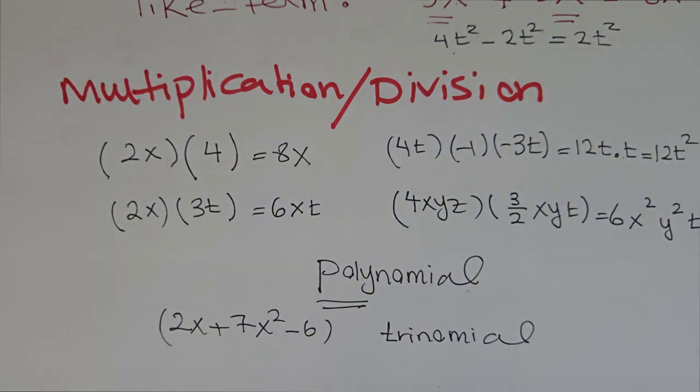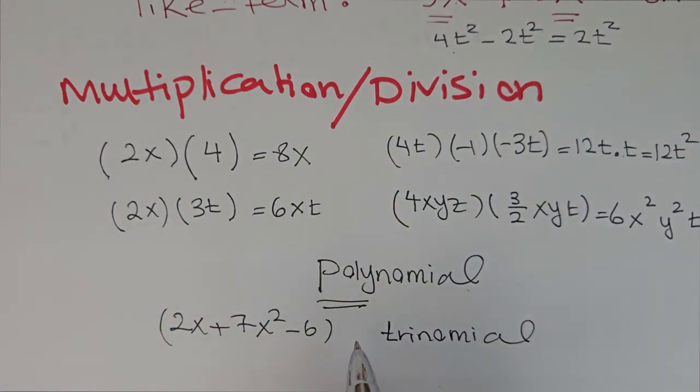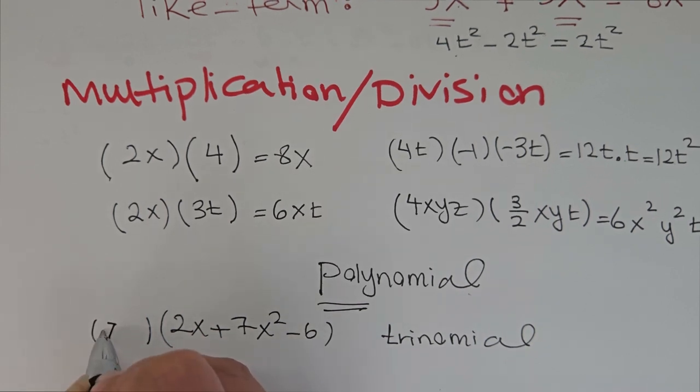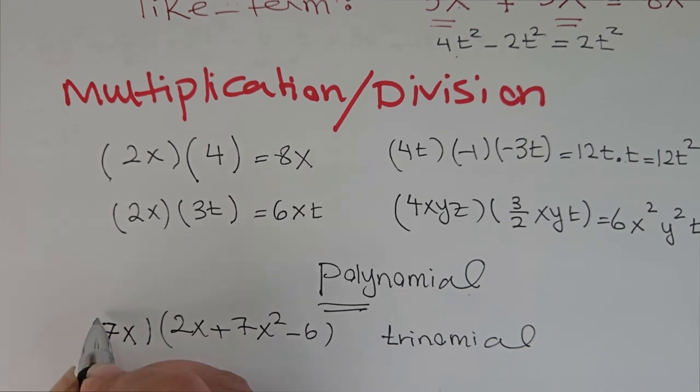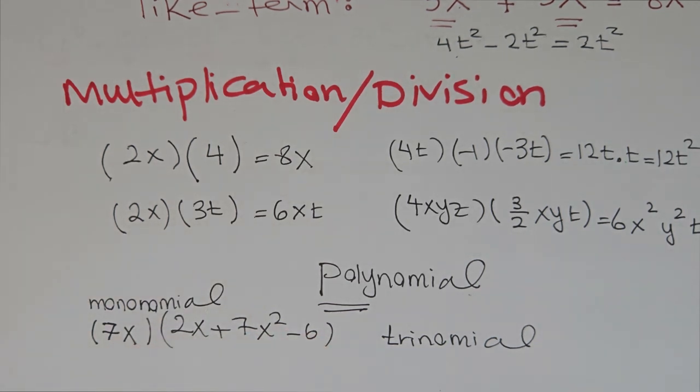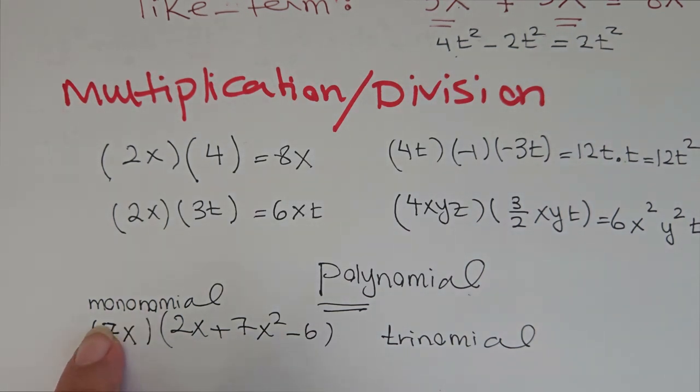So let's do another example. So here we want to multiply this trinomial by another, let's say 7x, which is a monomial, right? So here, what we have to do, we have to distribute 7x and we have to multiply this by each of these terms.